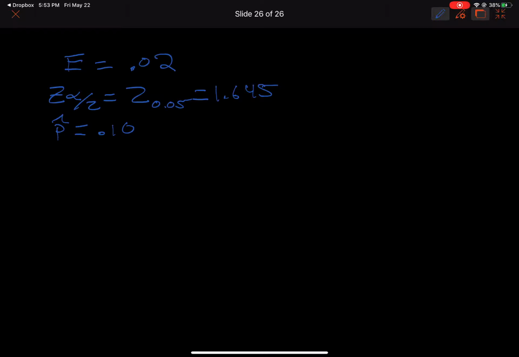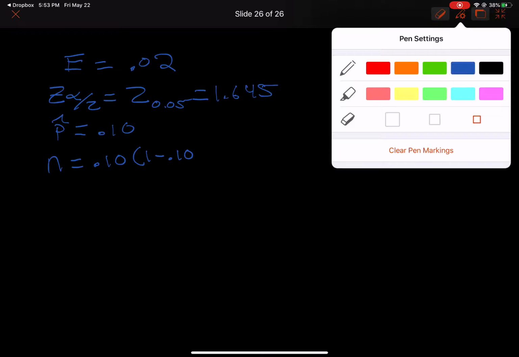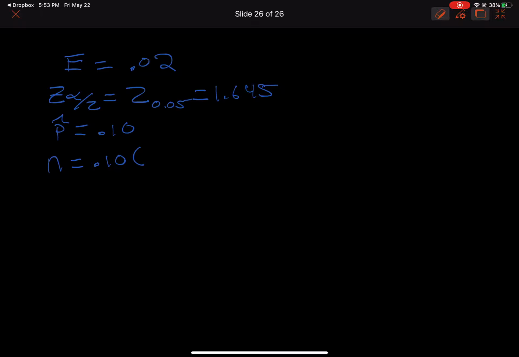All right, so do some math here. So n is going to equal 0.10 times 1 minus 0.10. Actually, I'm going to put 0.9 in here because you don't have to actually put in your calculator 1 minus 0.10. Just do that math. Then here, 1.645 divided by 0.02 squared.